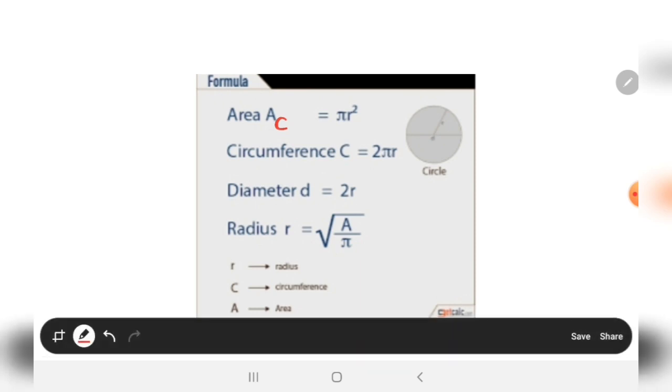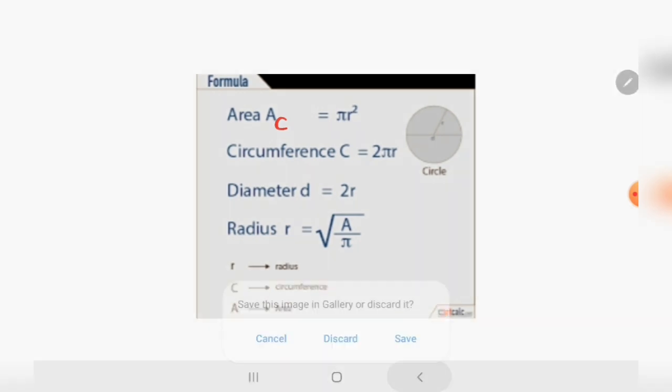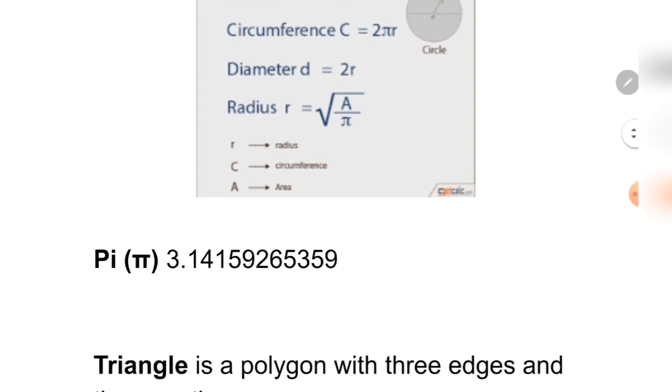If you want to find the diameter, diameter equals 2r. Next, if you want to find the radius, radius equals the square root of the area of the circle over pi.